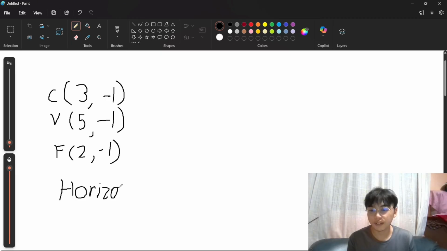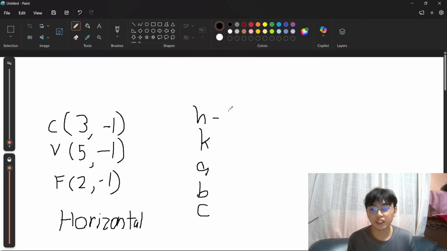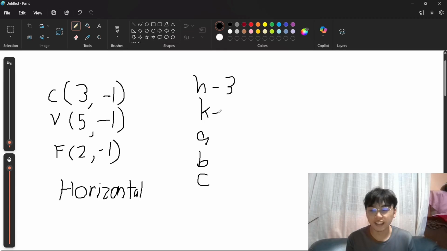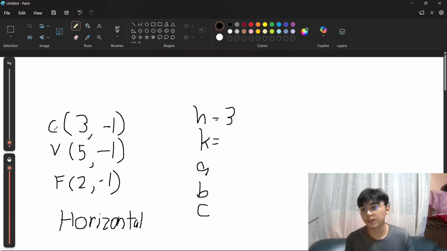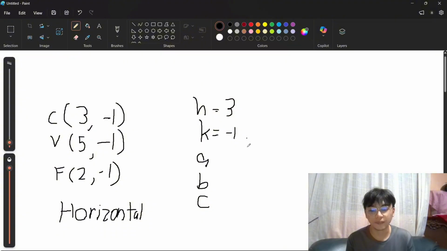And then for our next step, we identify our h, k, a, b, and c. For our h, that would be 3, coming from the x coordinate of the center, and k would come from the y coordinate of the center, which is negative 1.